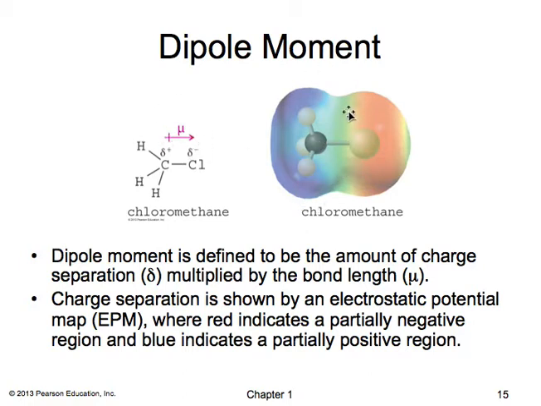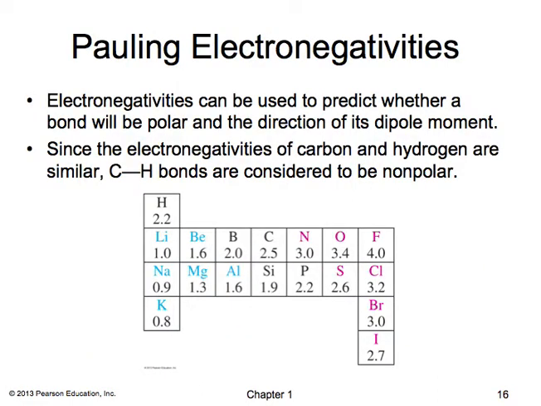And this is also demonstrated by this electrostatic potential, where the red is the partial negative and the blue region is the partial positive. Like I said, the dipole moment is dependent on the electronegativities. Here are the Pauling electronegativities. It's used to predict whether the bond will be polar and the direction of its dipole moments.